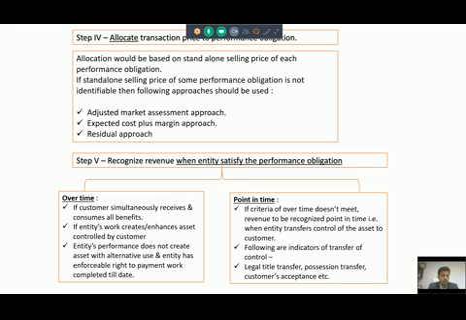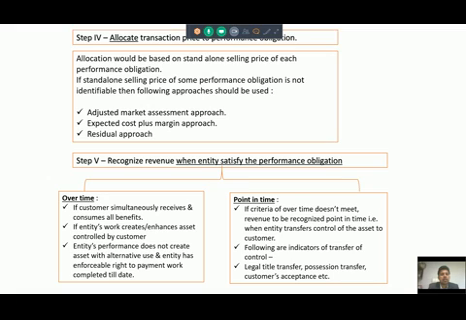Now this bifurcation of transaction price between performance obligations is important because for recognizing revenue, the entity will have to satisfy the performance obligation. If the performance obligation is satisfied, then only the transaction price attached to that performance obligation will be booked. So a performance obligation can be satisfied over time or at a point in time.